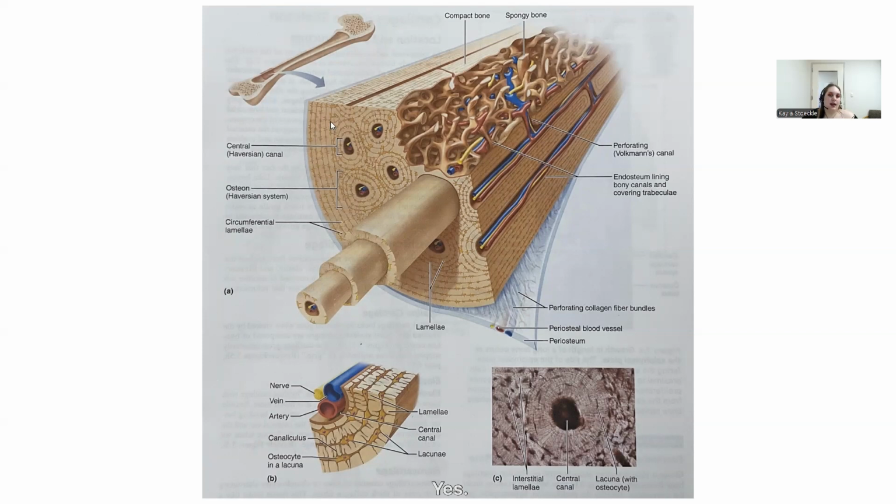And so these all connect together with the canaliculus as well as the Volkmann's canal or the perforating canal, which are larger canals that connect to the central canal of each osteon to allow for blood vessels and nervous vessels to go through these structures and all connect.